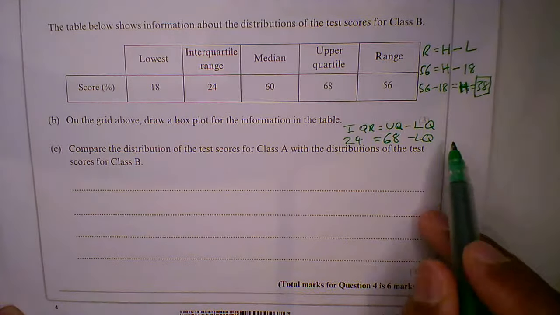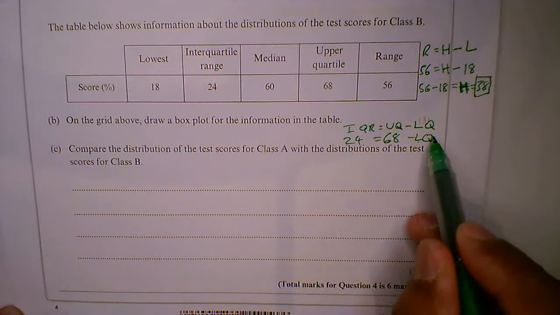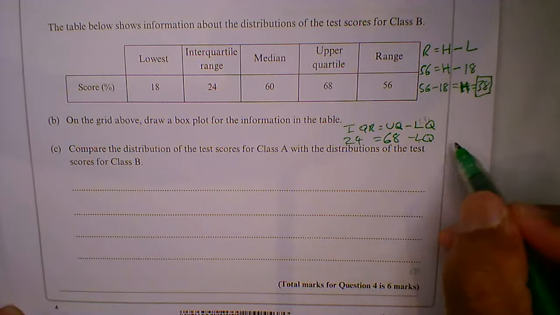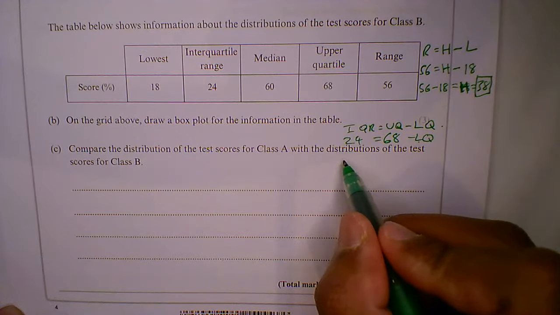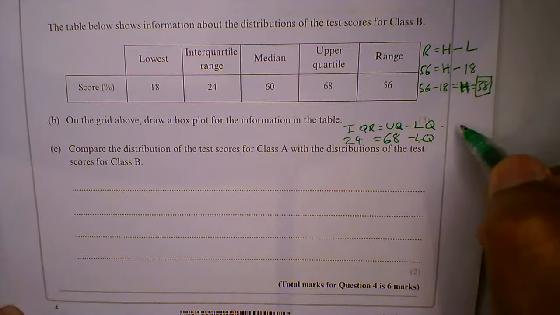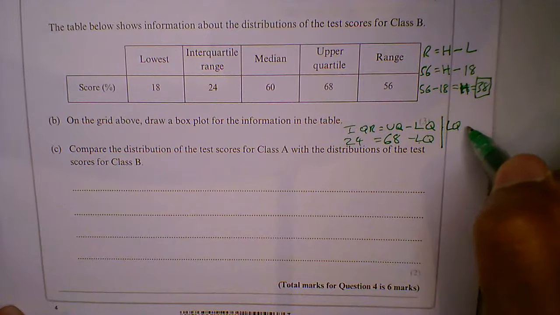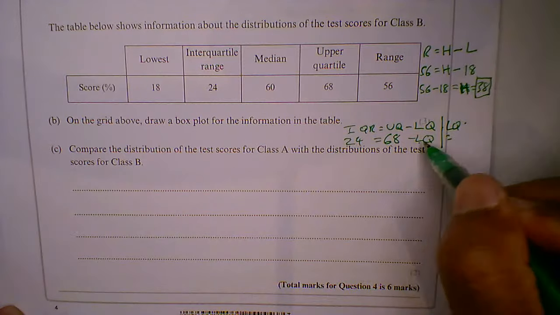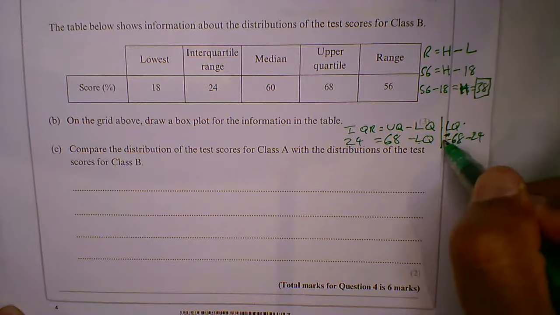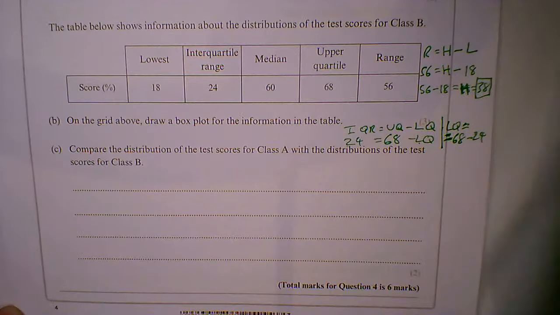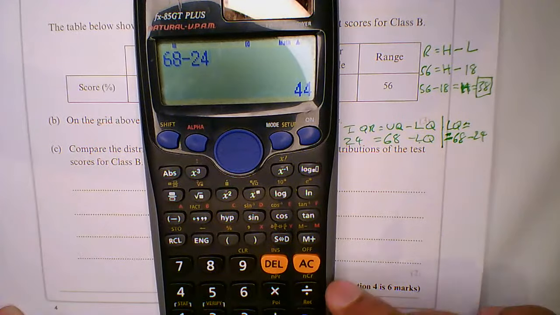So again, we can swap these around, take the lower quartile to the other side, 24 to the other side. So lower quartile equals my upper quartile, which is 68, take away 24. And that gives me 44.